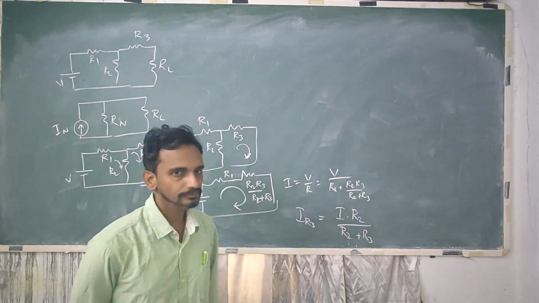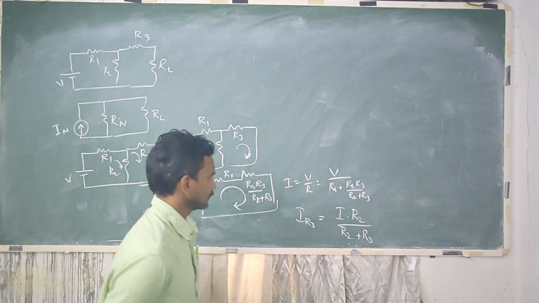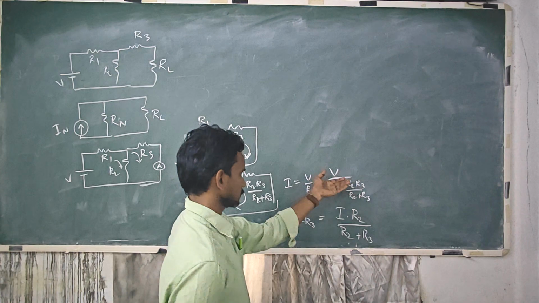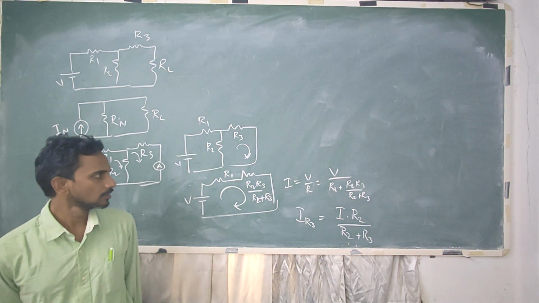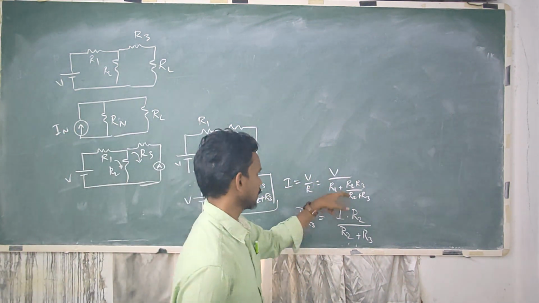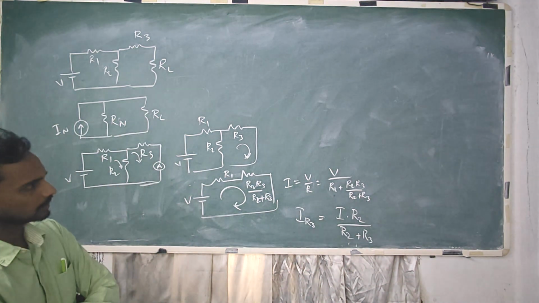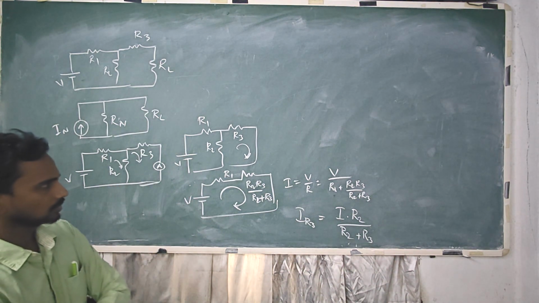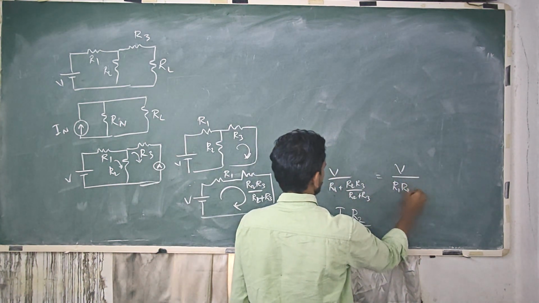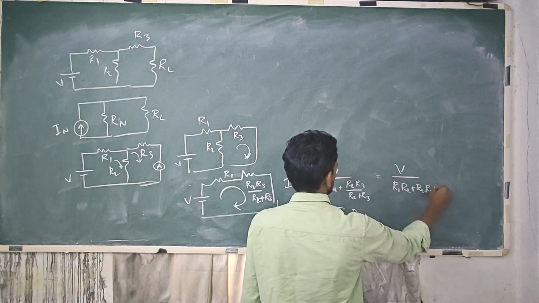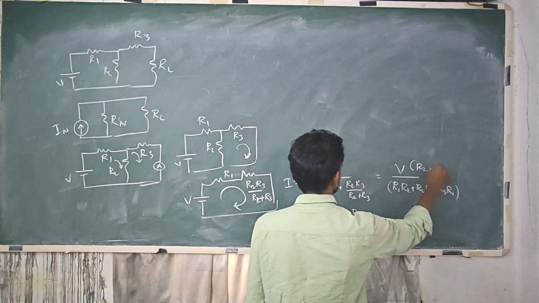I value is this. You don't need to worry or substitute all those numbers. You can just keep that. So I value is V by R1 plus R2 R3 by R2 plus R3. You even can simplify and verify if you want. So what is this value? V by R1 R2 plus R2 R3 plus R3 R1, multiplied by R2 plus R3.